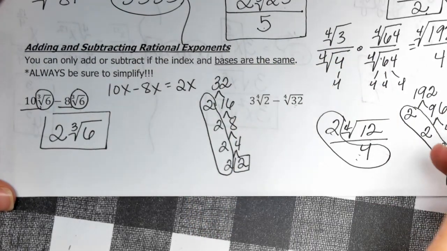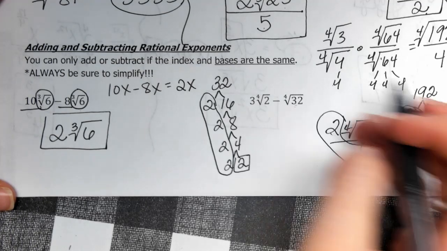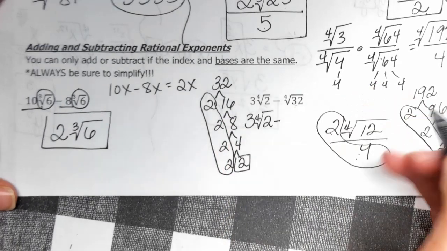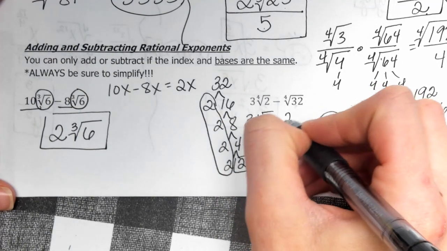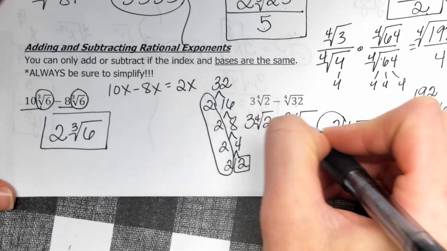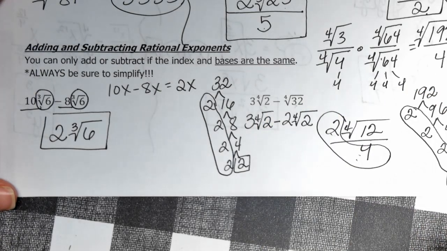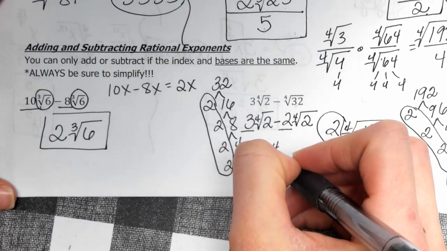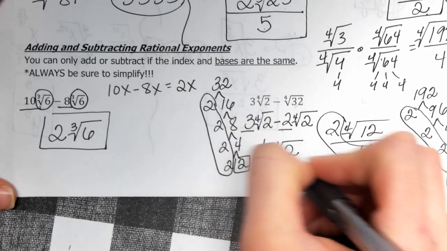That's going to leave me with 1 left over. So I have 3 times the 4th root of 2 minus, this becomes 2 times the 4th root of 2. Yes? Okay. 3 minus 2 is 1, so I'm just left with the 4th root of 2.